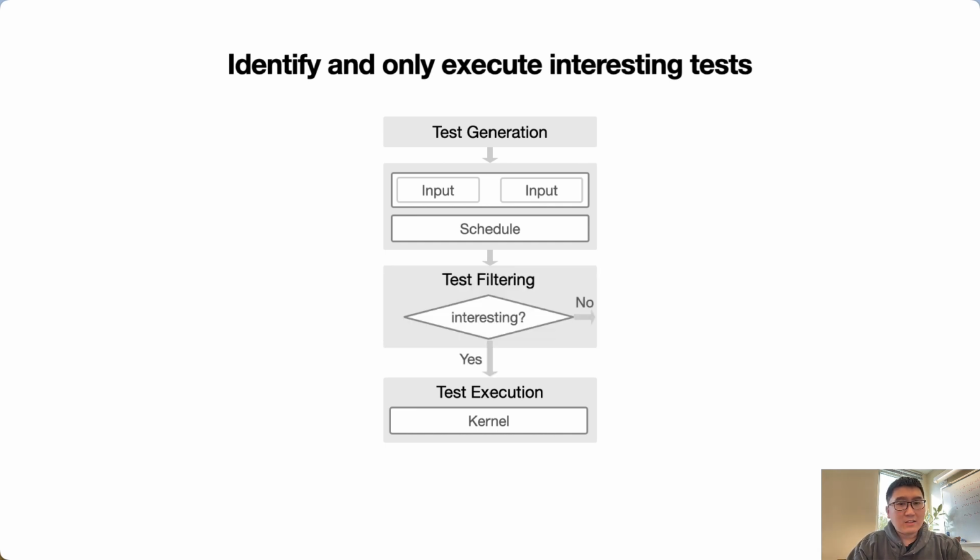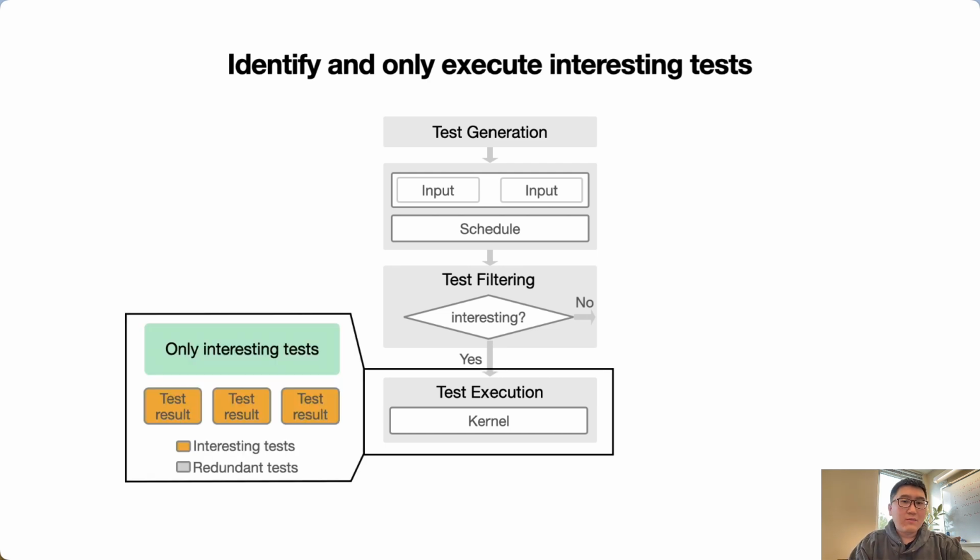If we can add a test filtering step here, in which we filter out all the redundant tests, then we could achieve great testing efficiency, since now only the interesting tests will be executed. Another advantage of this test filter is that it will be a composable mechanism. It means it can be piped after any existing generation techniques we have seen before to make them even better.